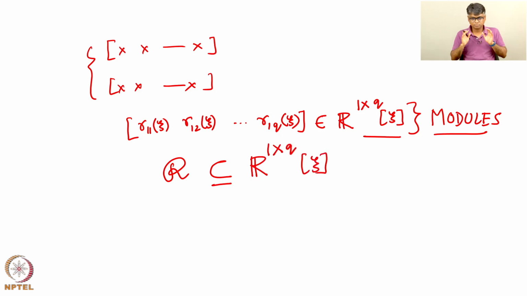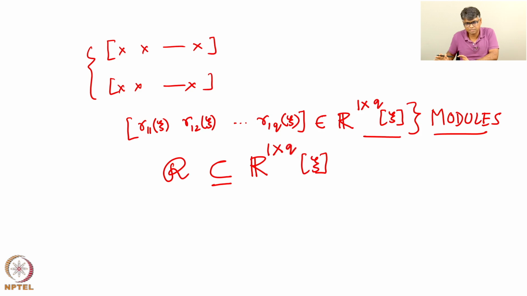So, modules roughly speaking are like vector spaces, but they are defined over rings. The scalars are coming from the rings as opposed to vector spaces where the scalars come from a field. And rings are different from fields in the sense that fields admit multiplicative inverses of all non-zero elements. In rings you are not guaranteed to have multiplicative inverses of all non-zero elements.